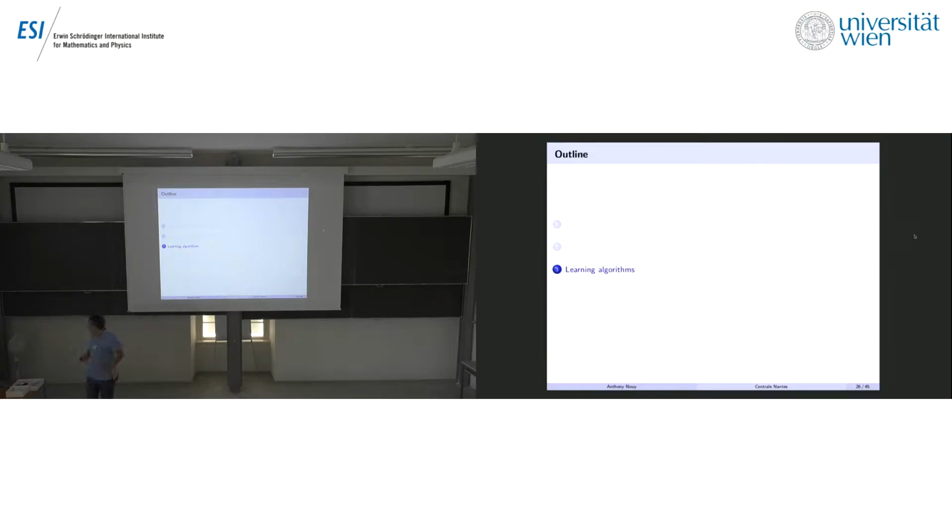So now I have some time to describe a learning algorithm. Combining the approximation results you have seen with the results on estimation errors, you can obtain standard results about the global error, which is the difference between the risk associated with your estimation and the ideal risk, okay?